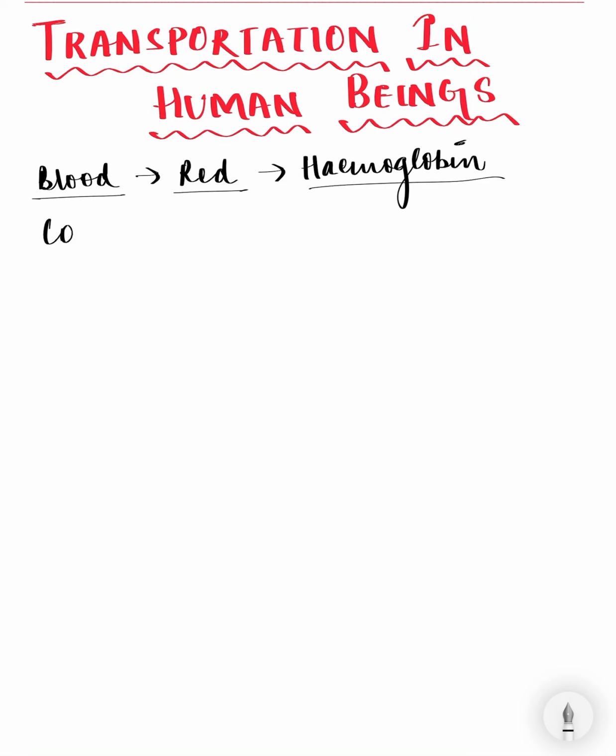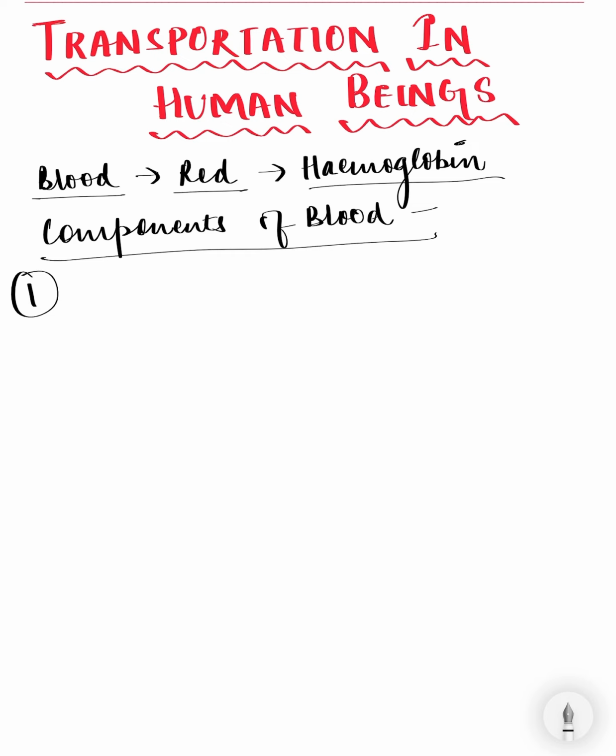Now let's talk about the components of blood. What is there in our blood? So the very first thing which is there in our blood is plasma. Plasma is a yellow color fluid. It contains 90% water.